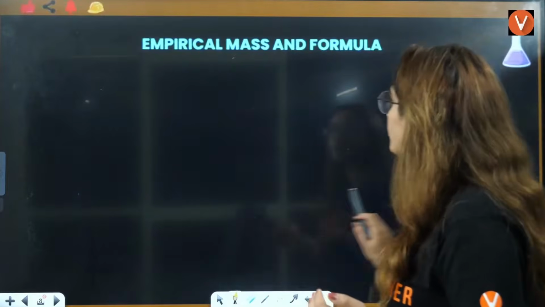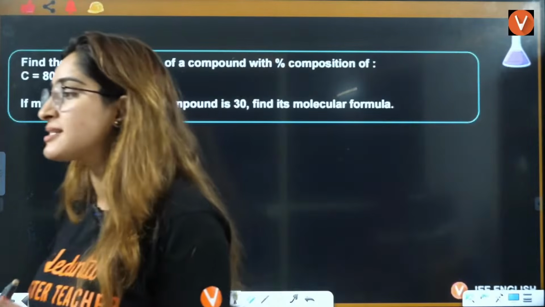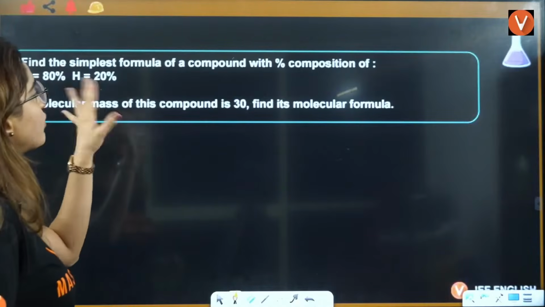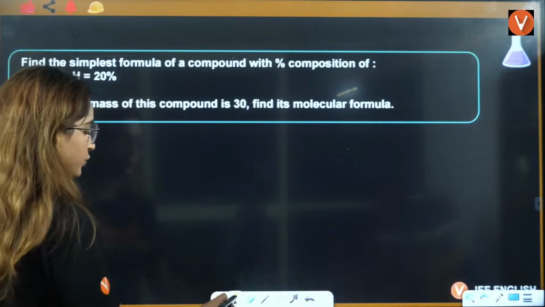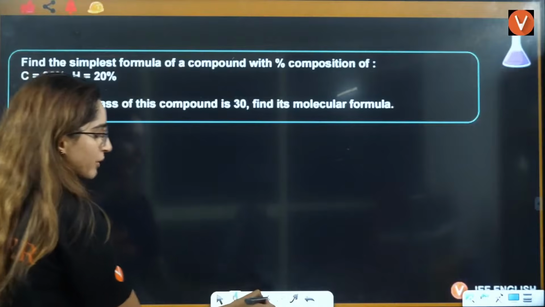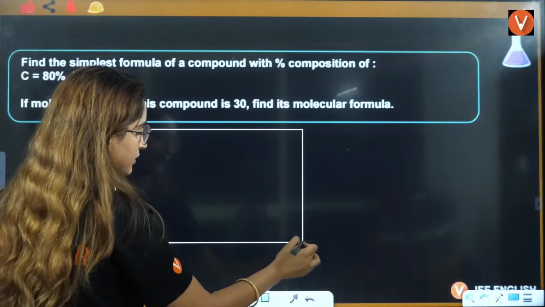Now let's calculate the question so that we can understand what is happening here, right? Find the simplest formula of a compound with percentage of composition carbon and hydrogen is given to you. See, simple is, firstly what I told you, you have to make a table. Okay, you will make a table here, right?